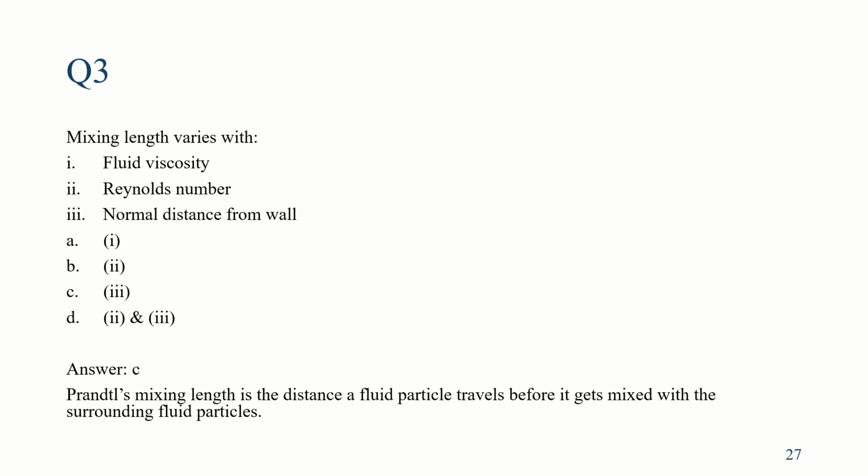Prandtl's mixing length is the distance a fluid particle travels before it gets mixed with the surrounding fluid particles. So how much distance a fluid particle is traveling before it gets mixed with the surrounding particles is what we call a mixing length.